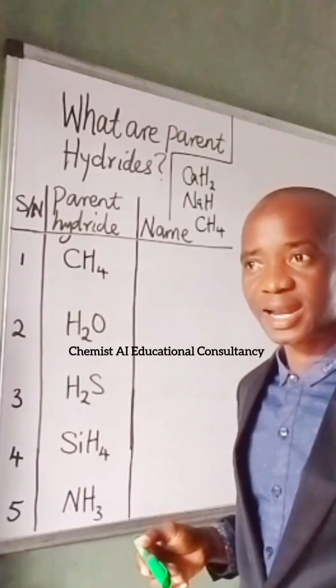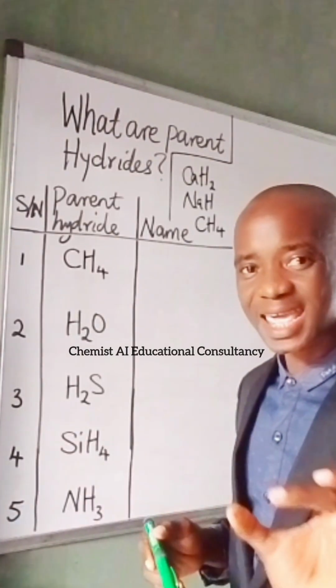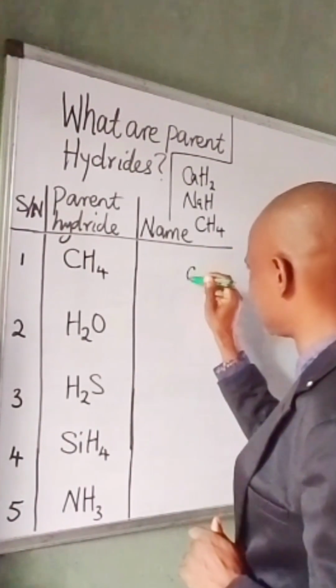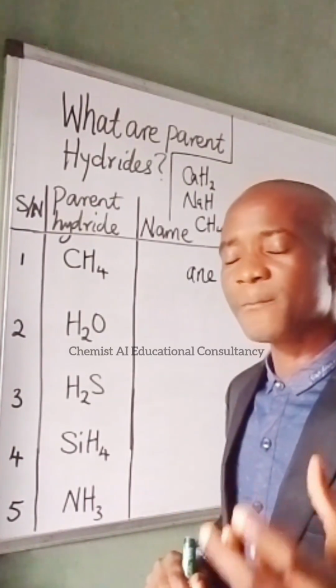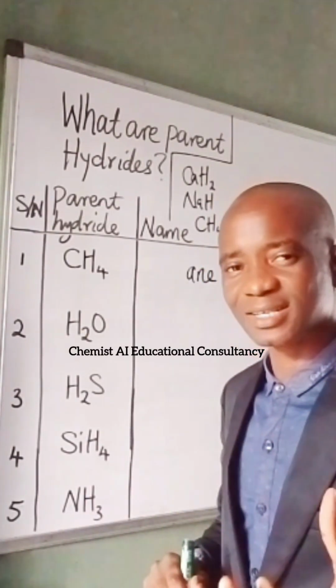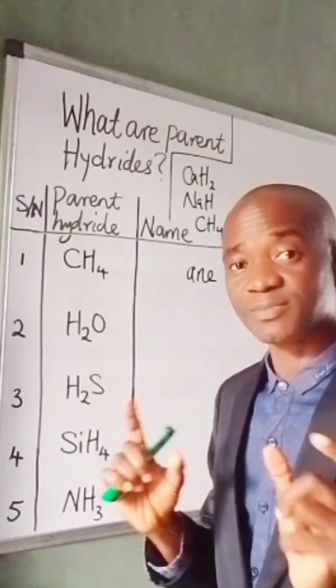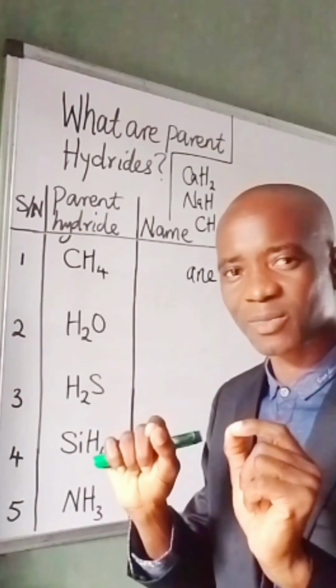Parent hydrides are named with the suffix ane, A-N-E. And the element that formed the hydride is partially named based on history, the history of that element, not always based on the actual name of the element.